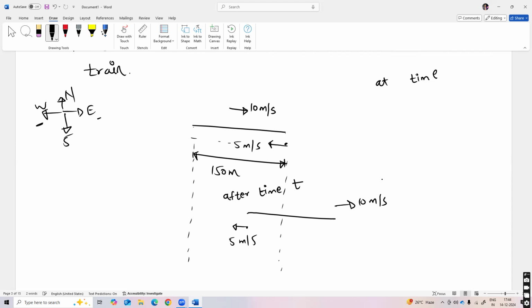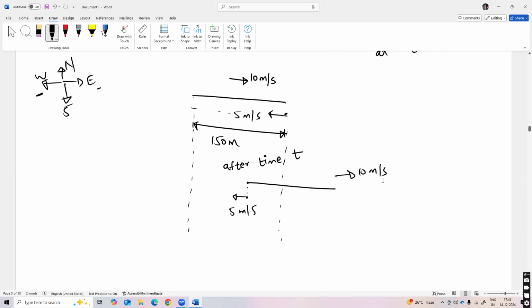So after time t, the bird has crossed the train. Let's say this is point A of the train, this is point B of the train. Again, here point A is here, point B is here. So the distance traveled by point A of the train is, let's say, x.